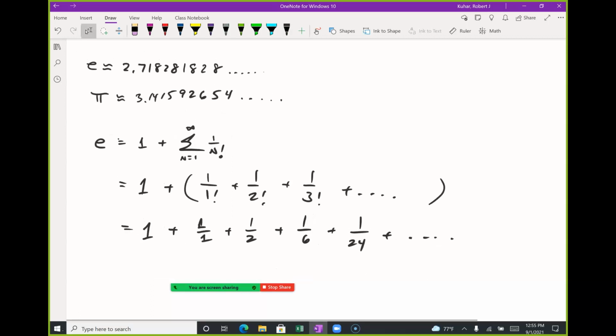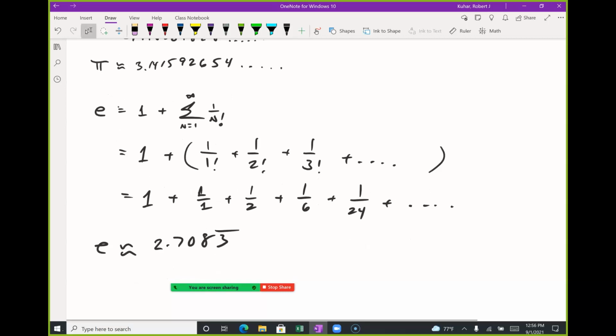Let me just go to my calculator on that. So e is approximately 1 plus 1 plus 1 over 2 plus 1 over 6 plus 1 over 24. Everybody following me? 2.70383 repeating.